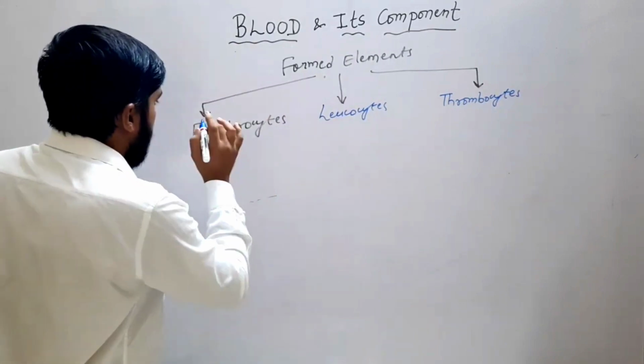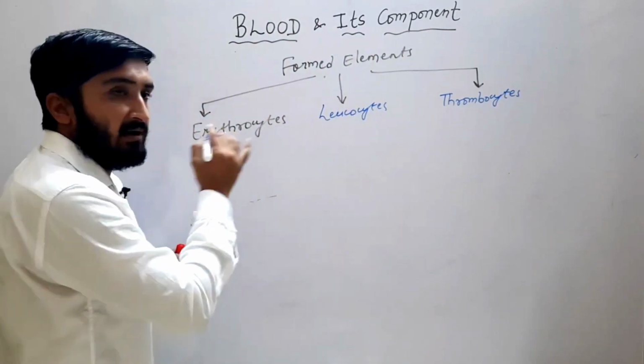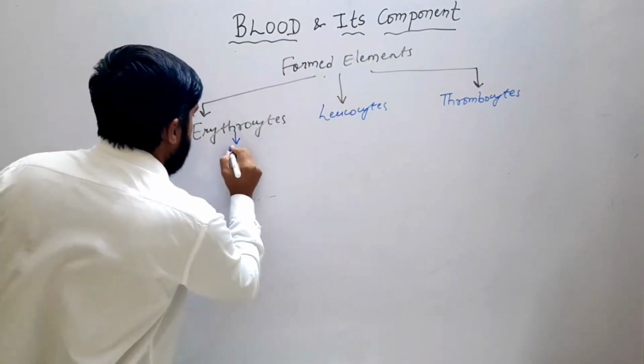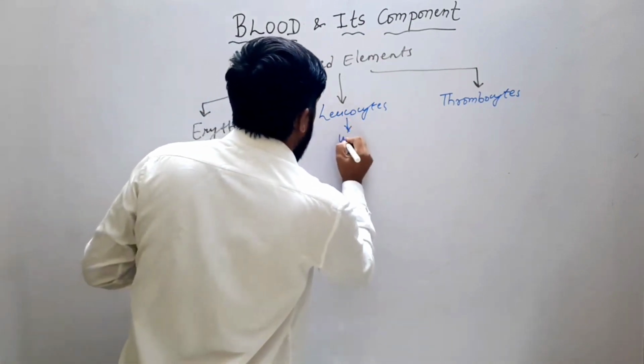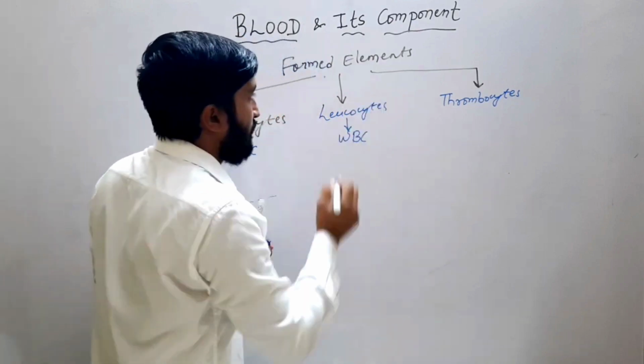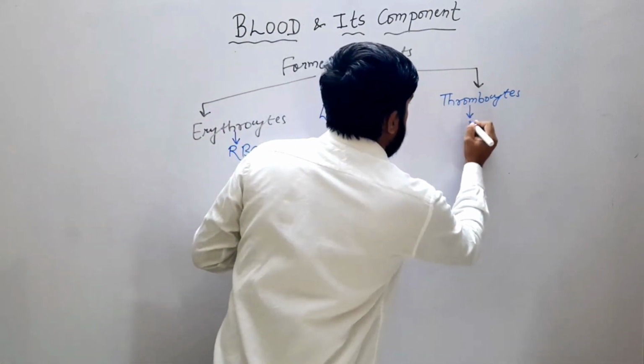Erythrocytes are red blood cells or red blood corpuscles, these are RBC. Leukocytes are white blood cells or white blood corpuscles, and thrombocytes are platelets.